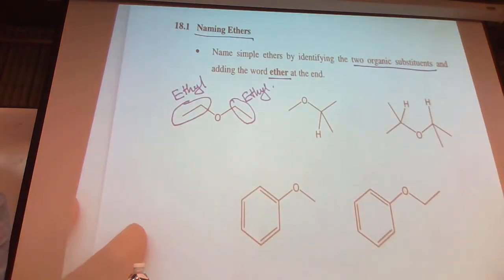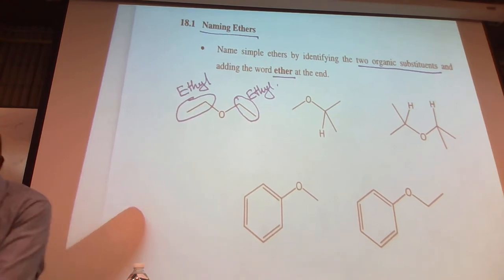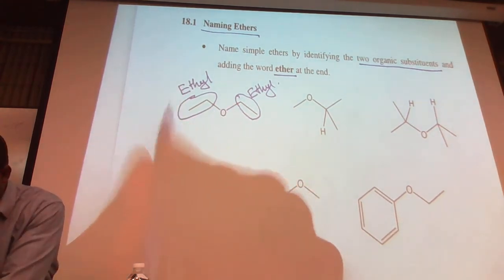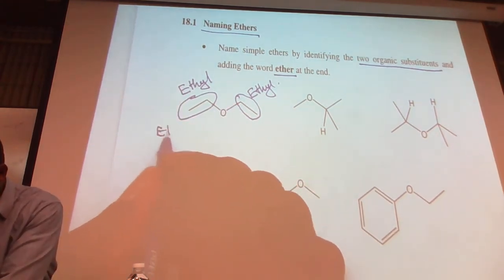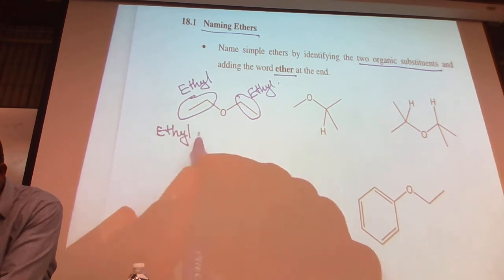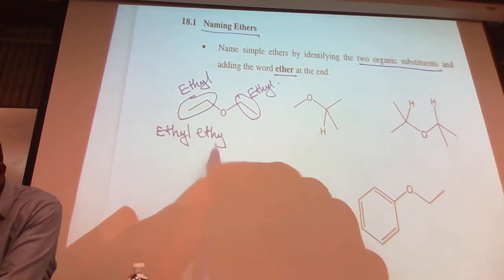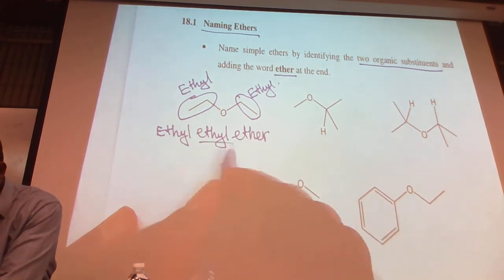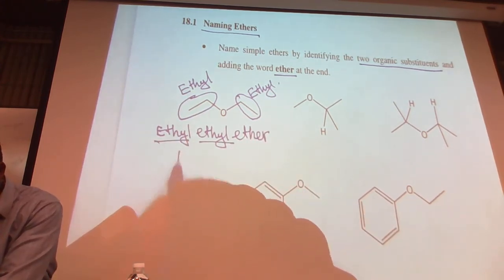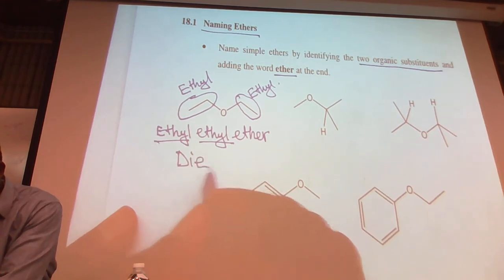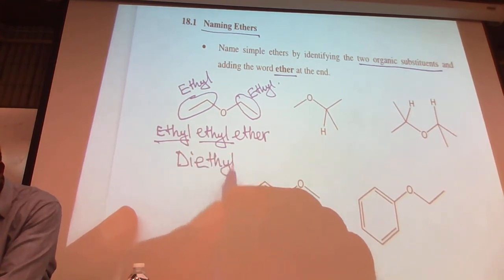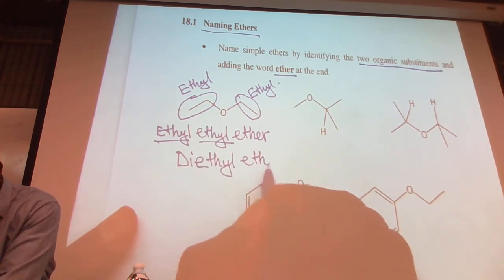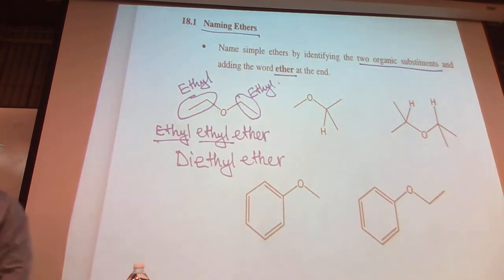So ideally you could say ethyl ether, but because you have 2 ethyl groups, you use the word di, and that's how diethyl ether comes into play. Diethyl ether.